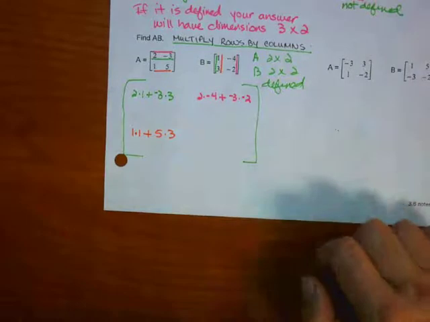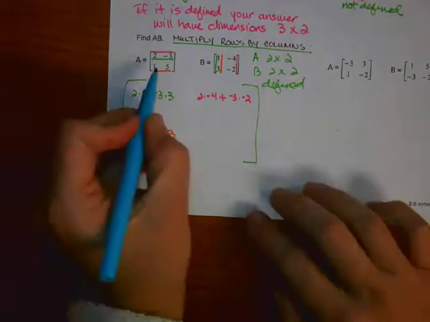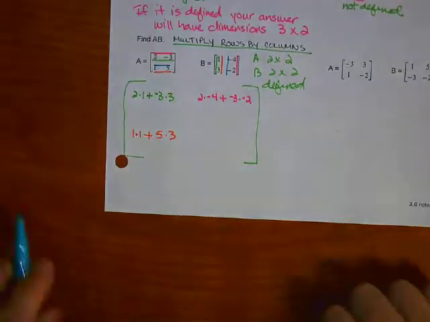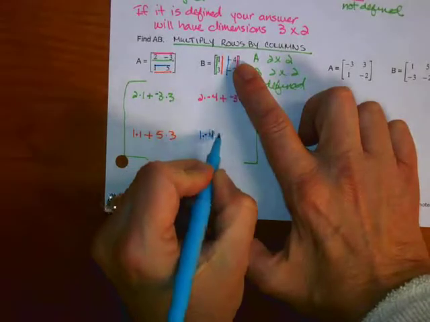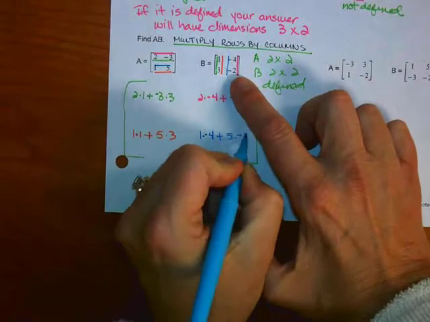What have we not done yet? We have not done row 2 times column 2. So I do 1 times negative 4 plus 5 times negative 2.